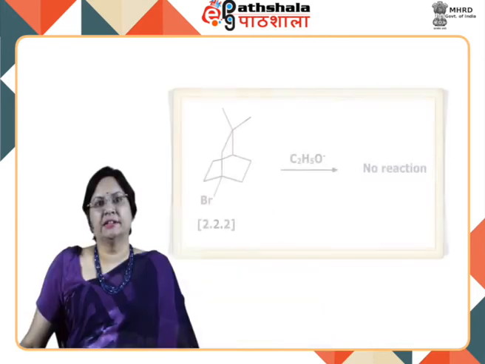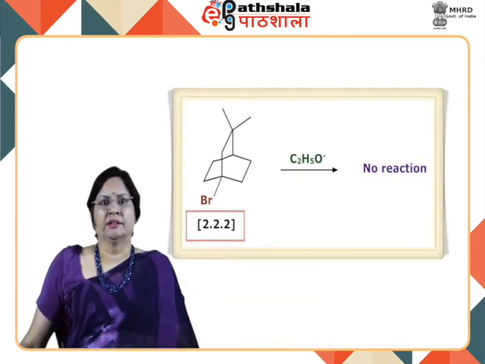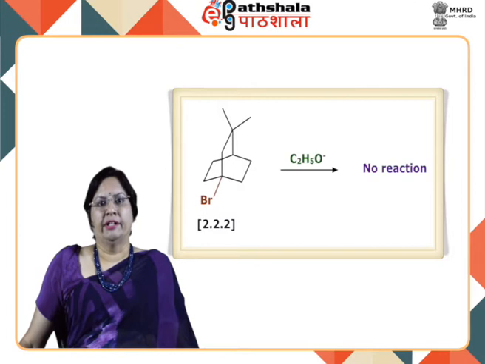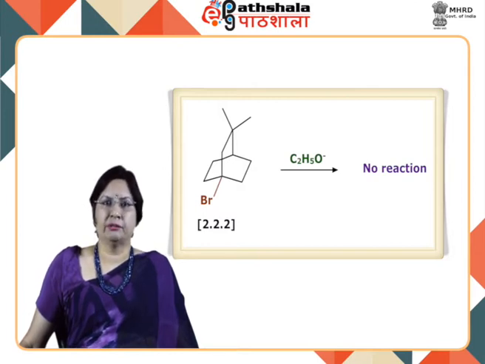Now let us apply the SN2 on some bicyclo compounds, and for that let us consider this 2,2,2 bicyclo system, as you can see here, which, when reacted with ethoxide ion, gives no reaction. Why is it so?